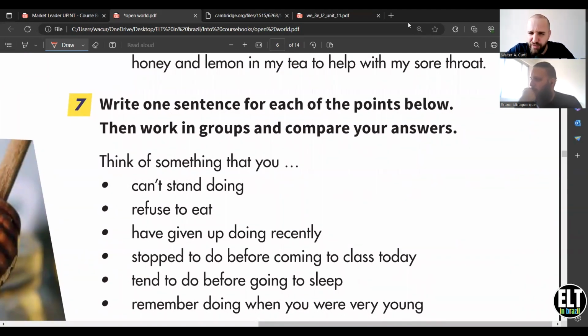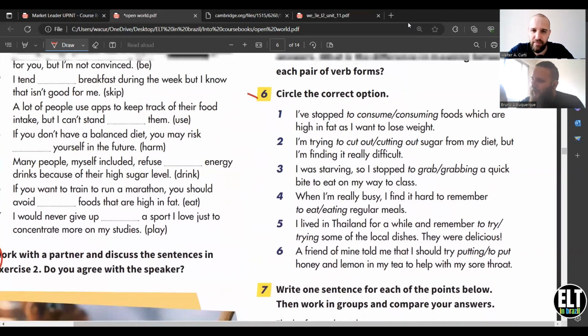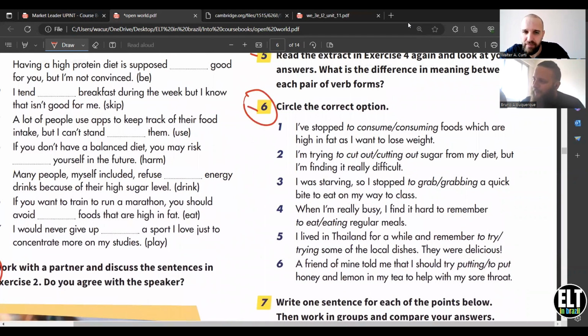I like this book very much, I gotta say. I do. I like it too. And I was thinking, for this activity, circle the correct option, number 6, you can get students to draw, for, of course, students who like more, how do we say that? Because I forgot the word.